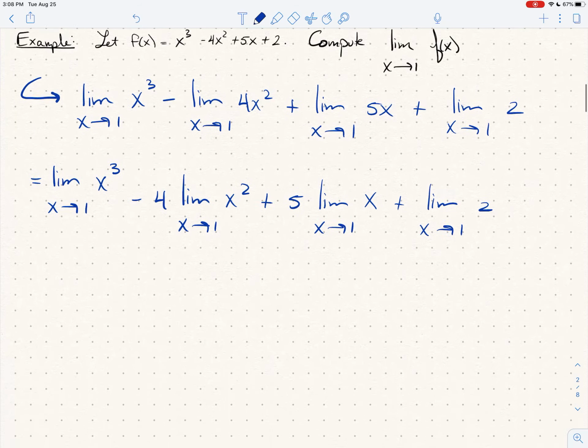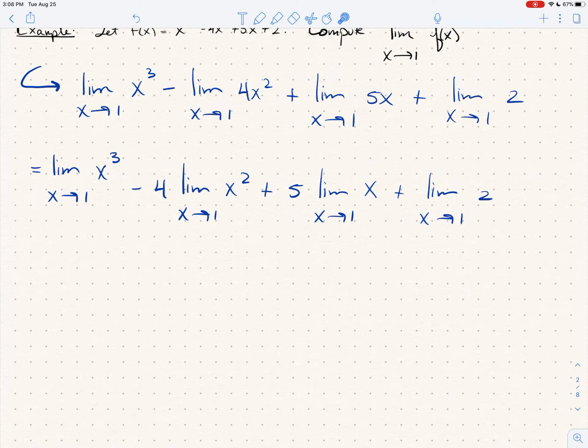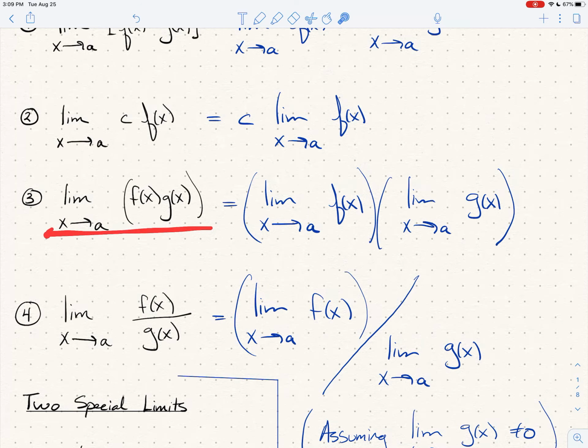Now, we can evaluate a couple of these. We know this limit is just 1 and this limit is just 2 because of the two special limits that we just did. So I'm going to do those in the next line, but let's focus on this part. This function x cubed I can think about as just x times x times x. I'm taking the limit of a product of functions using limit law number 3. I can break that up as a product of the limits.